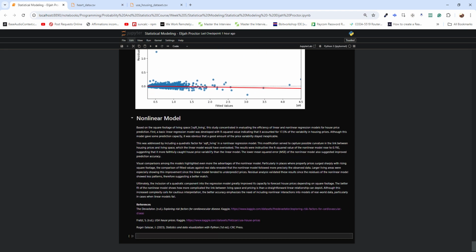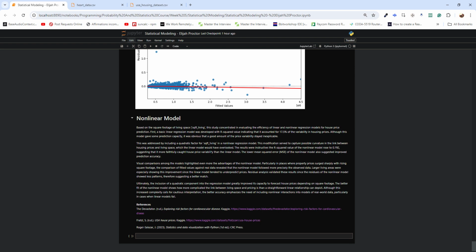So let's quickly go over our report. Our study is focused on predicting house prices based on square footage using both linear and nonlinear regression models. Our linear model explains only about 17.5% of the variations in house prices. This indicates that it missed capturing much of what affects prices.